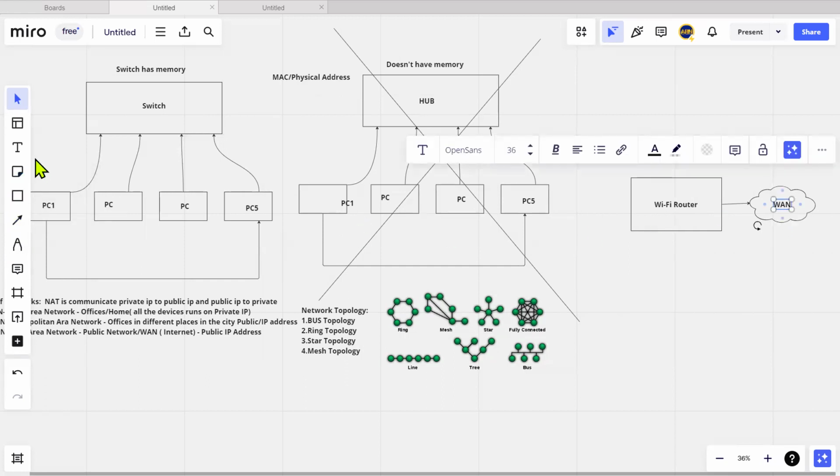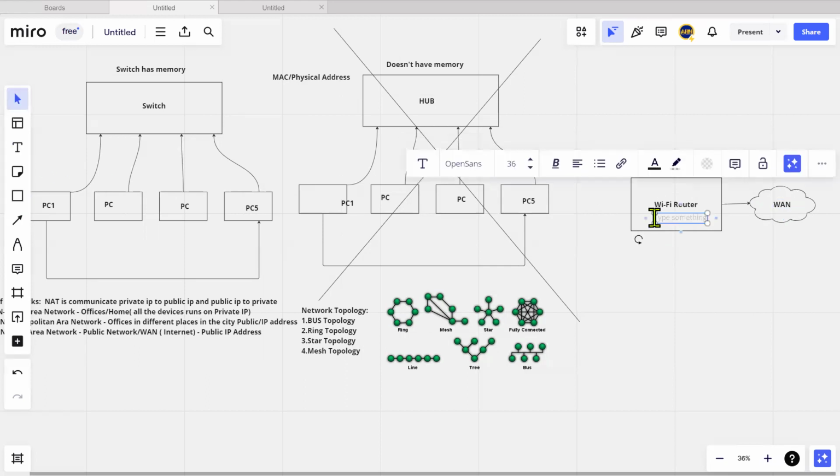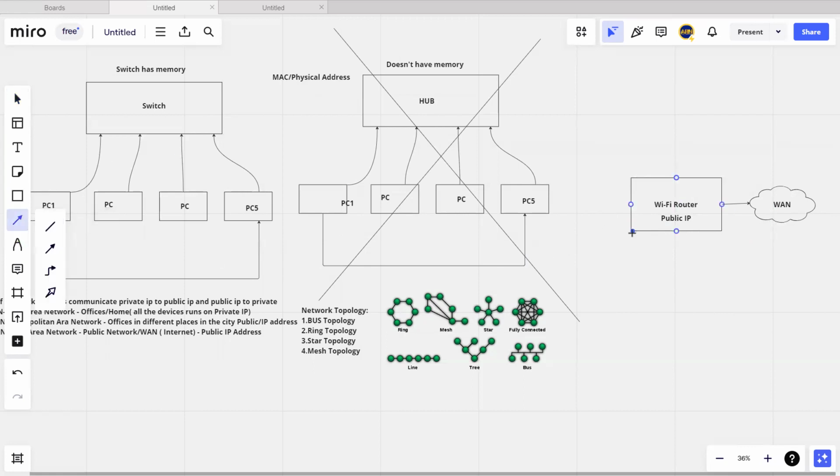Our router has a public IP address, because to communicate with the public network, the router should have a public IP address. Because the router in our private network is connected to the WAN, it should have a public IP address. Then only can it connect to the internet.